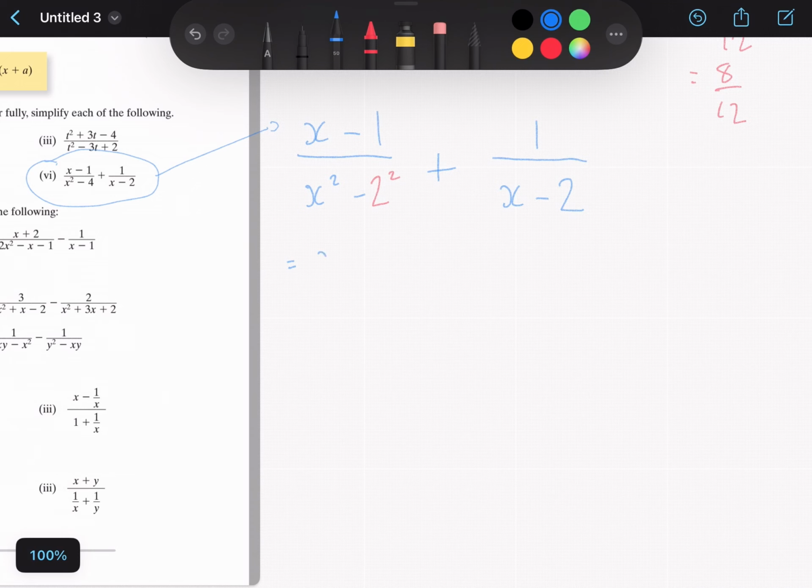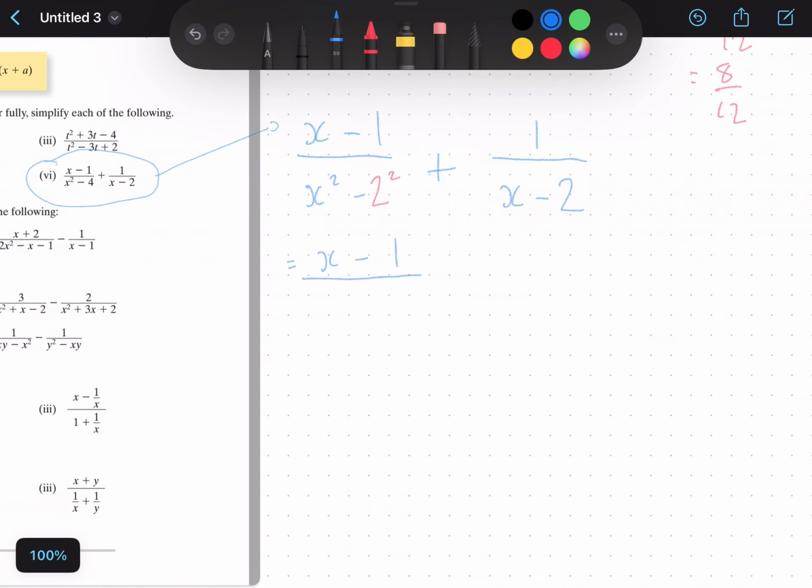So I've got x minus 1 over x squared minus 2 squared, which factorizes to x minus 2, x plus 2, plus 1 over x minus 2. Now, to add these, I need a common denominator.